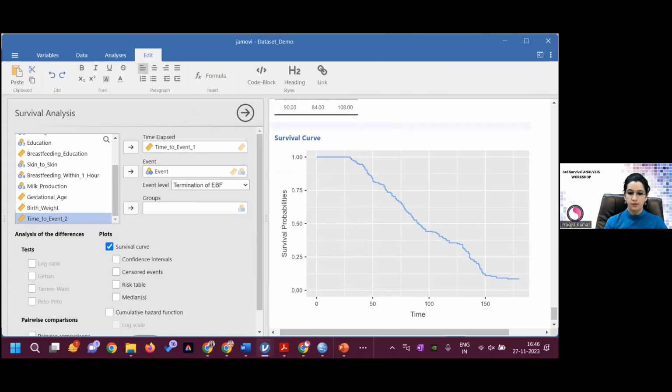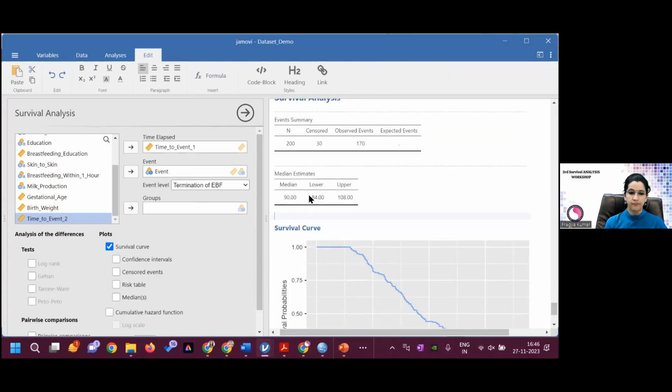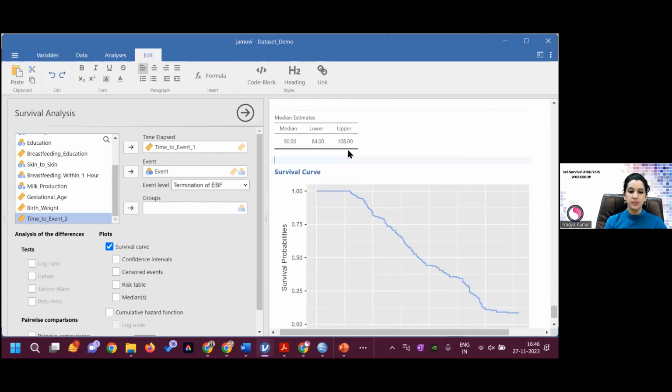If you see the median survival time, it tells you 90 days. I have not entered any group, and it is still giving me the overall survival, with a median survival time of 84 days as the lower boundary and 108 days as the upper boundary.